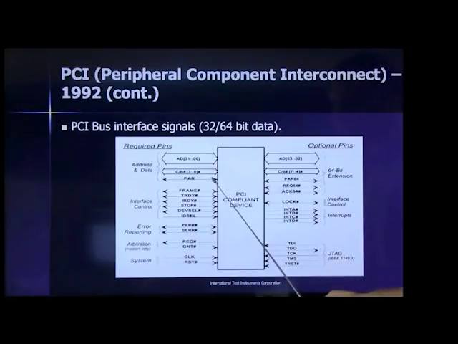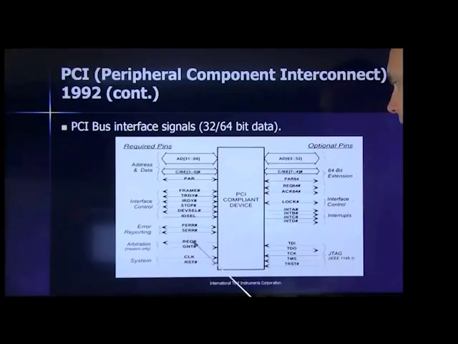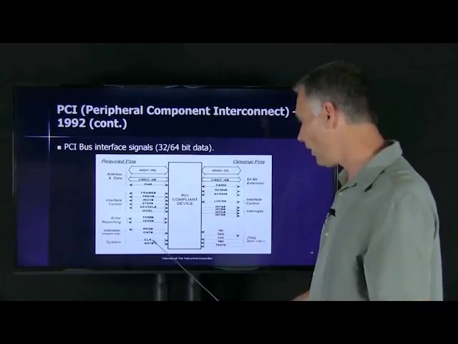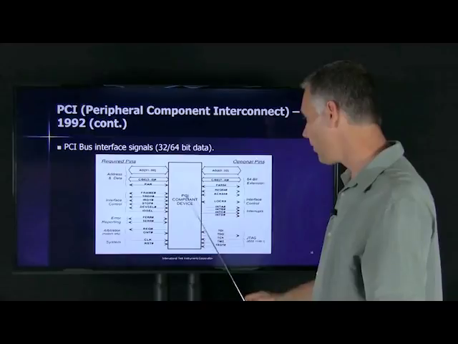If there's something wrong with the parity, you would report that to the operating system or the other side, rather, depending on who's reading and writing, using the parity error signal. If there's something else wrong, critically wrong, you can assert the system error signal, in which case the system would basically bug check and lock up, if not handled in any other way. You have request and grant for bus mastering. You have clock and reset signals. And this is pretty much everything needed to implement a PCI compliant device.